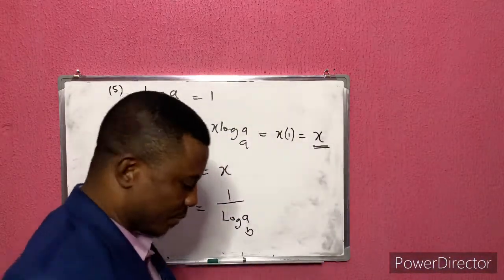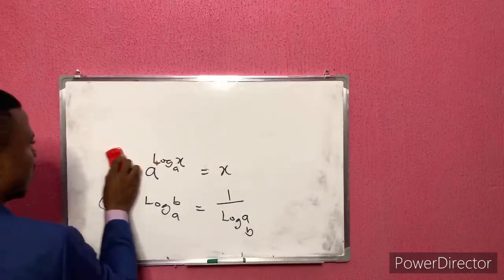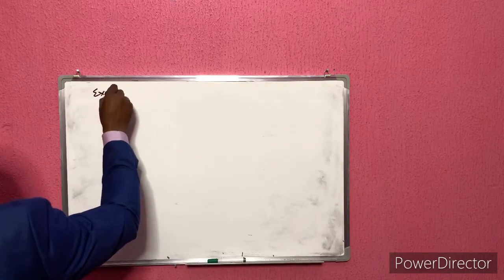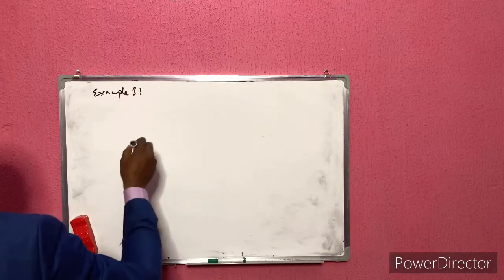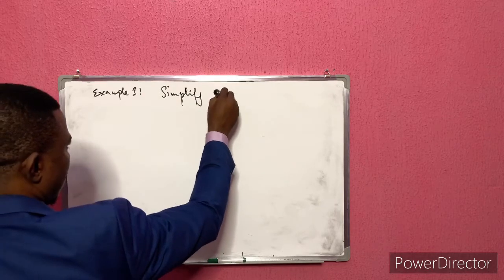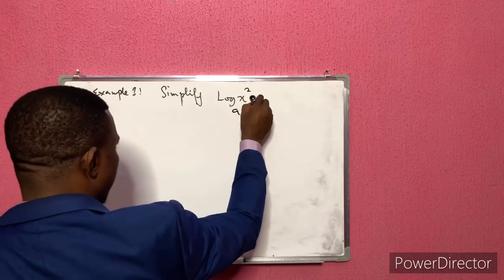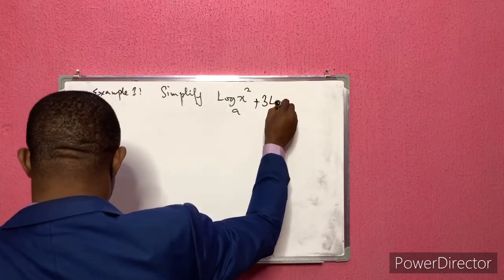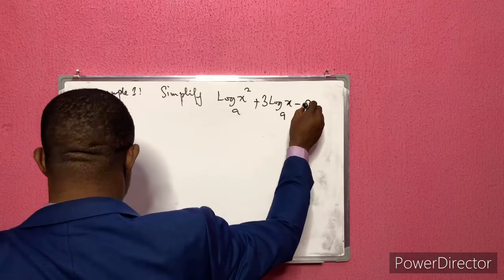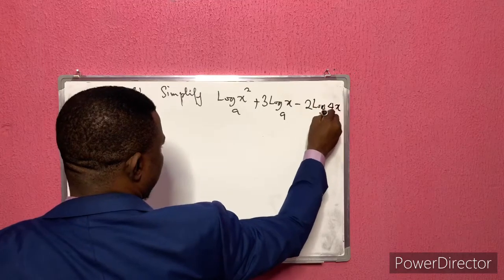Example 1. Simplify: log x squared base a plus 3 log x base a minus 2 log 4x base a.